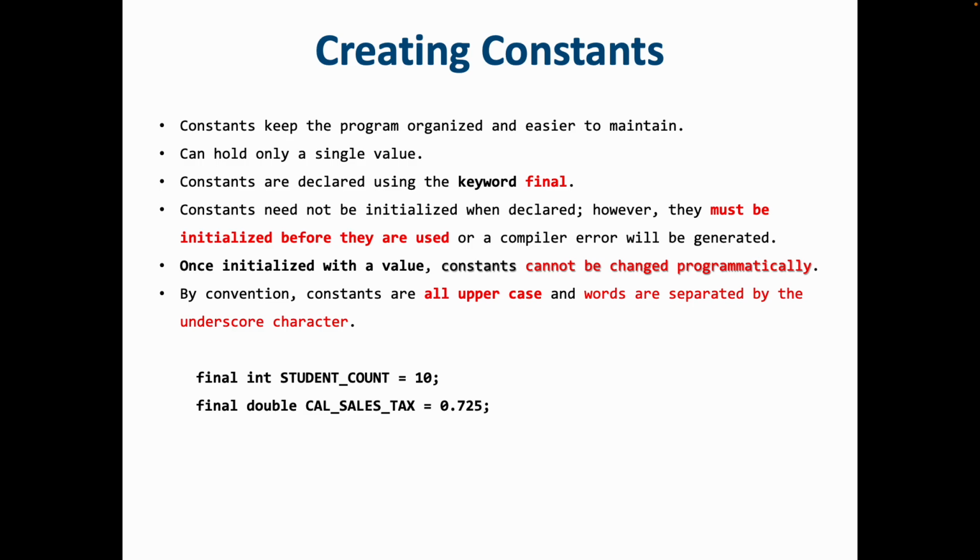How do we define it? How can I make it constant? If I use the final keyword, then when I attempt to change it, Java will say no, you can't change it. It won't compile at all. And again, there's a big convention we have to follow.